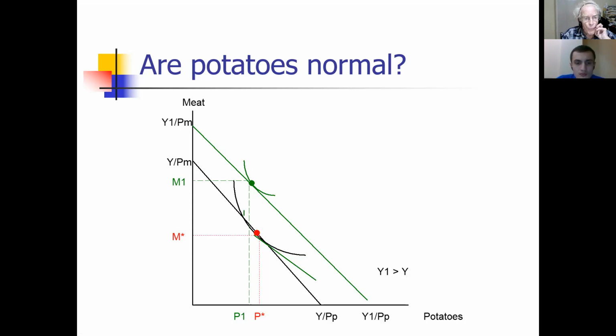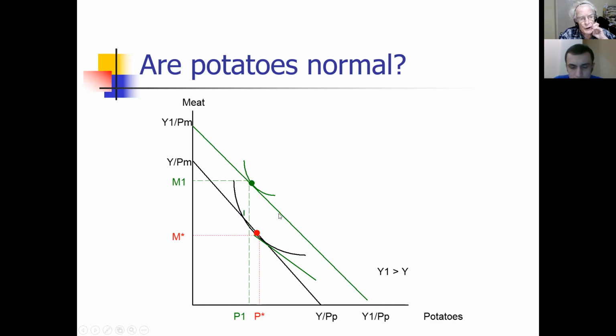Okay, so let's conclude with a paradox involving potatoes. So in this case, the price of potatoes has gone down. As a consequence, we have a rise in income in real terms, since we can buy more potatoes and meat than before.